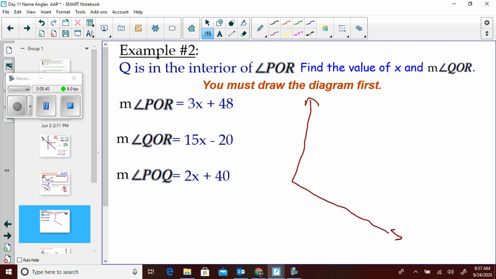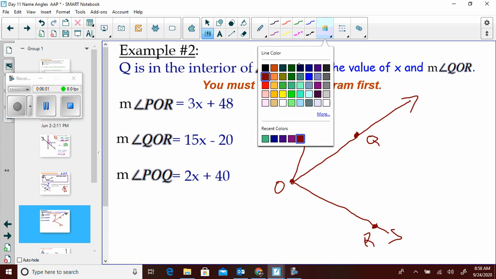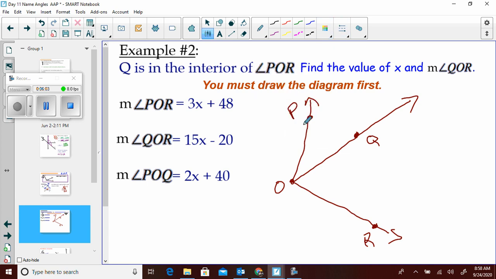Just draw it so you have enough room. So P, O, R, and Q is somewhere in the interior. It does not say it's a bisector or it cuts it in half, so I make sure I draw it so I don't get confused and think it's a bisector. You just draw it somewhere randomly. We want to find X and we want to find the measure of QOR.